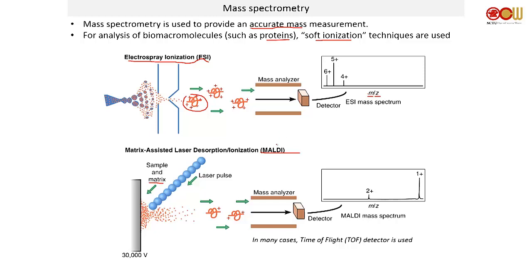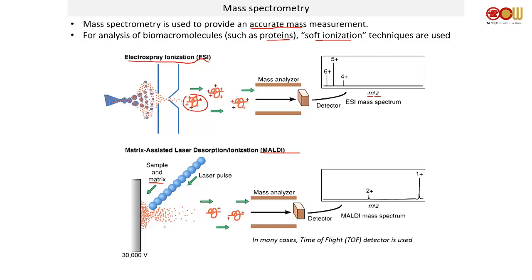This chemical absorbs the light from the laser, and any chemical that absorbs light increases its energy. So this chemical will have a large energy, and then it will pass some energy onto your protein and make your protein charged.